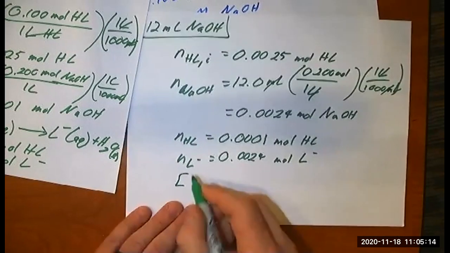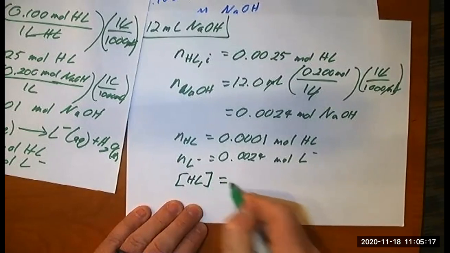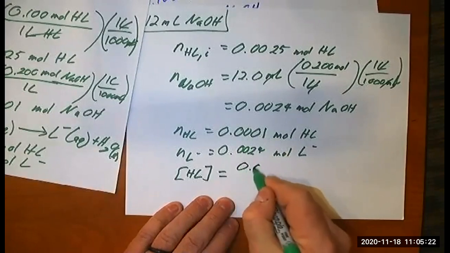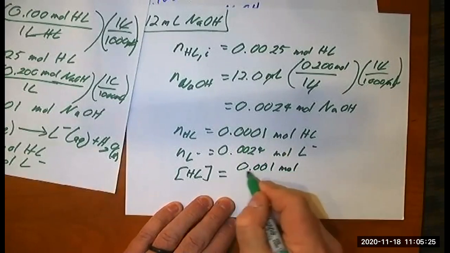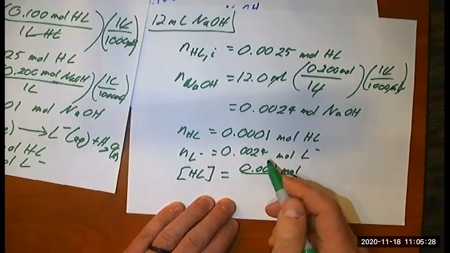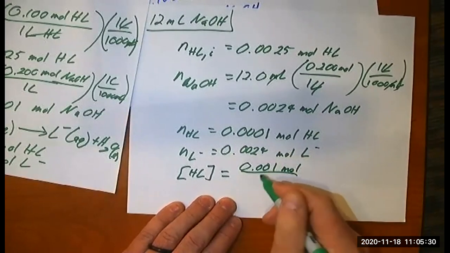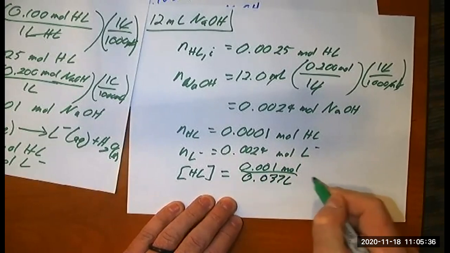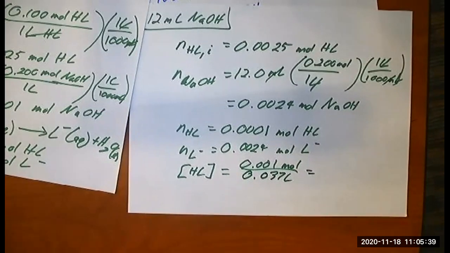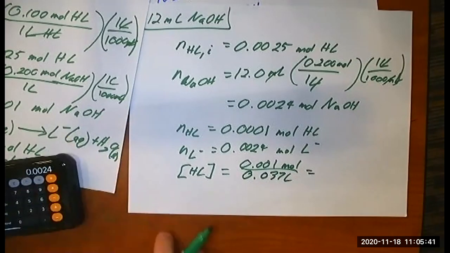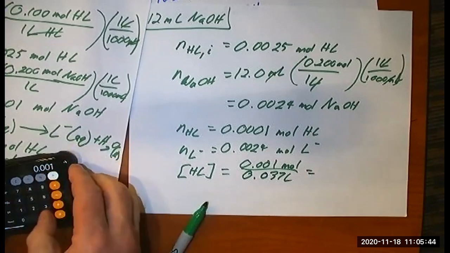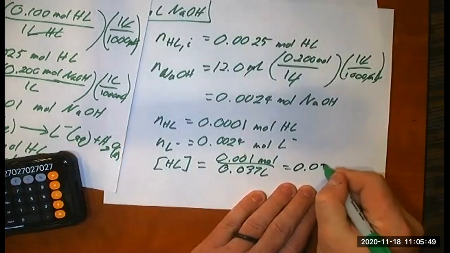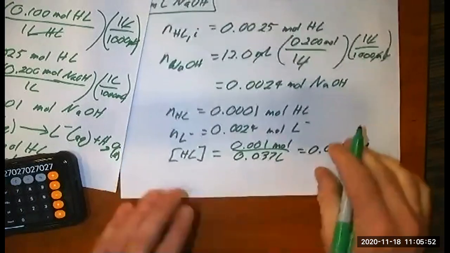So our concentration of HL, we still need it in concentration in order to do the ICE table. We take the number of moles divided by our volume. Our volume in this case is 12 plus 25, or 37, so 0.037 liters. So 0.0001 divided by 0.037 gives us 0.0027 molar in HL.